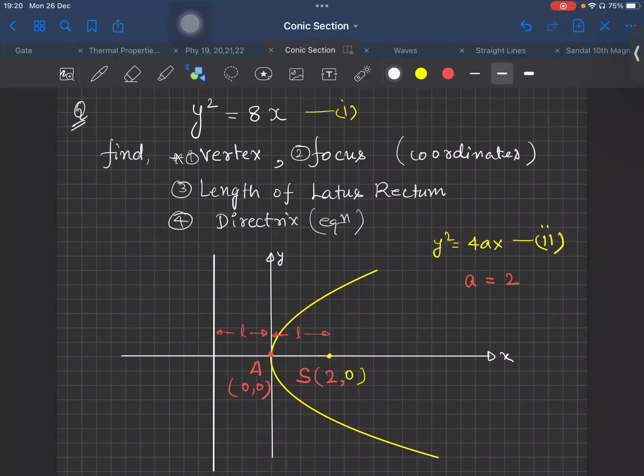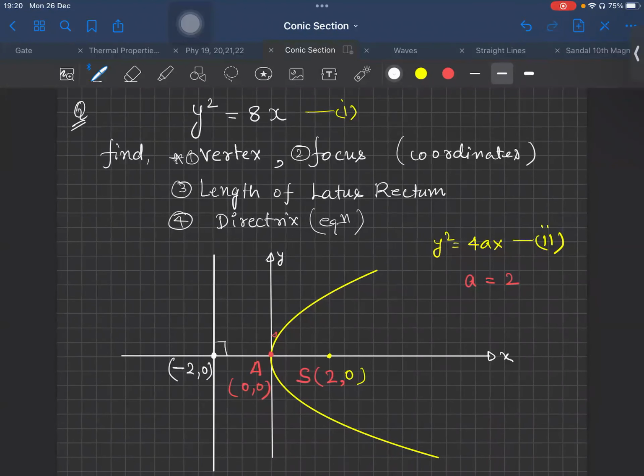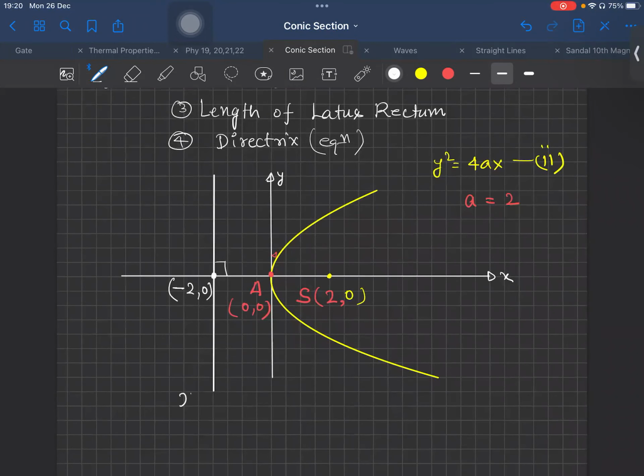The value of L you already know, so this point is going to be (-2, 0). Directrix is a line perpendicular to the x-axis in this case. So its equation is x equal to -2, or x plus 2 is equal to 0.